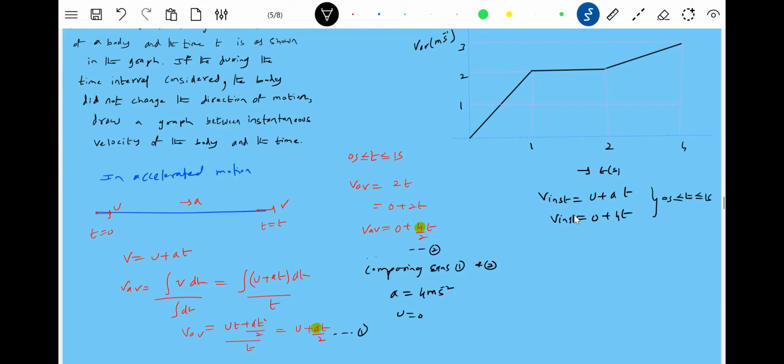For the interval of time 0 to 1 seconds, the curve will be of this nature. It will increase linearly with the time. Then the average velocity remains constant. If average velocity remains constant, it means the acceleration must be 0.